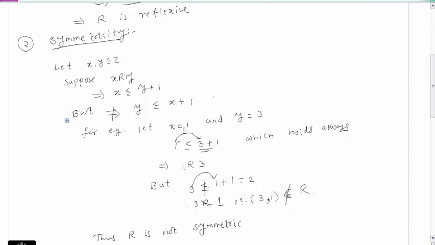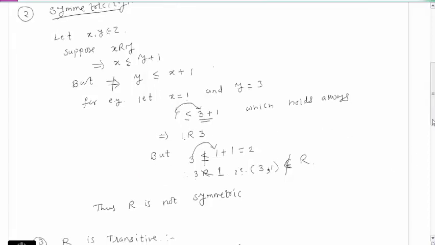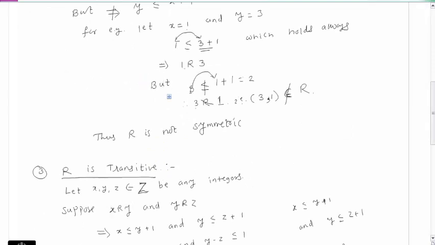For example, let us take x equal to 1 and y equal to 3. Then 1 is less than or equal to 3 plus 1, that is 1 is less than or equal to 4. This always holds true. Therefore 1 and 3 are related by the relation R. So 1 is R related to 3, but 3 is not less than or equal to 2, that is, 3 is not less than or equal to 1 plus 1.